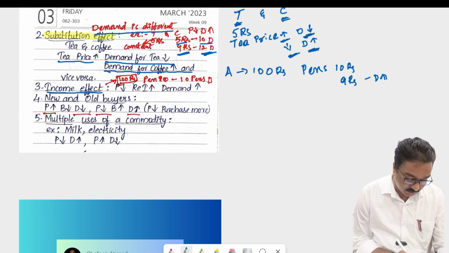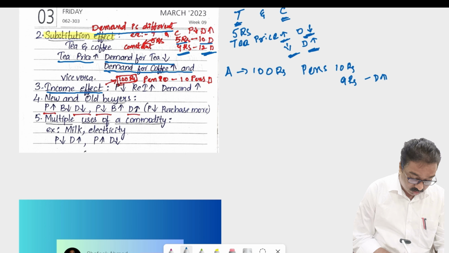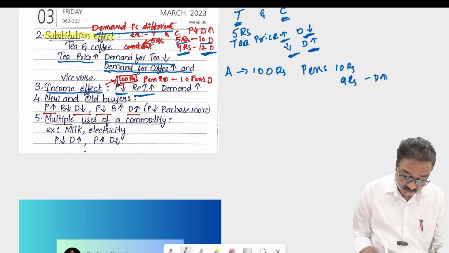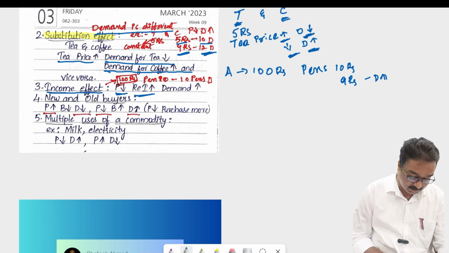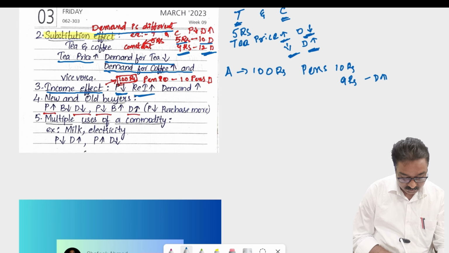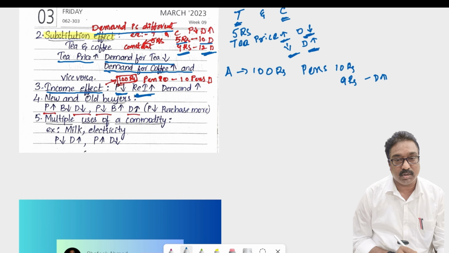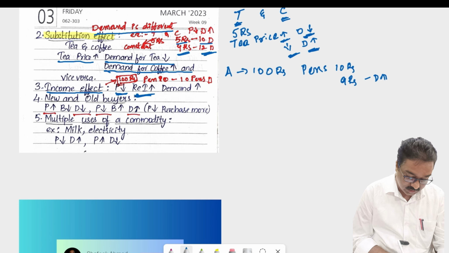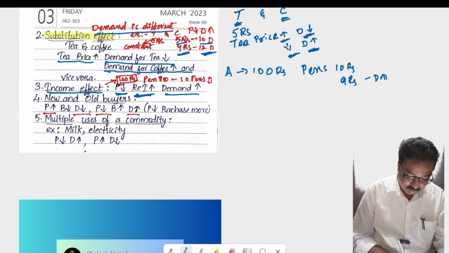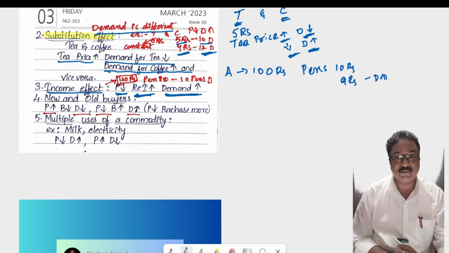So listen here, income effect. When the price of the pen decreases, their real income increases. Real income means the purchasing power of the consumer also increases. When the price decreases, the real income of the consumer increases, meaning the purchasing power increases. Automatically they can purchase more goods, demand for the goods also increases.